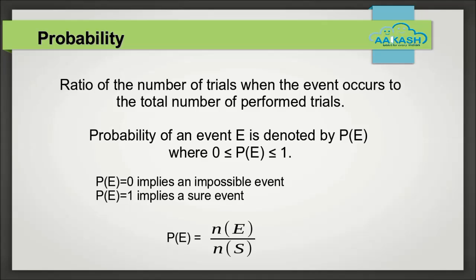Here, the probability 0 indicates that an event is impossible, and the probability 1 indicates that the event is a sure event. In short, the formula for probability is: probability of an event E is the number of occurrences of the event E divided by the total number of occurrences in the sample space, which is S.